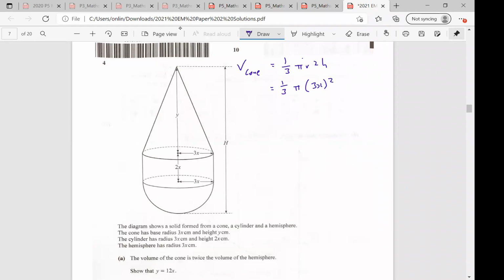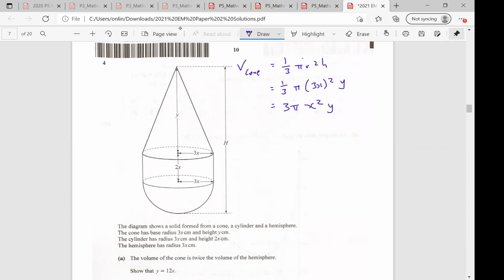Because it's given by the question, and then we need to take 3x square, and then the height is given, that is y. So I'm going to multiply this in. If I press my calculator, I should get 3 pi x square y. So that's my volume for the cone.